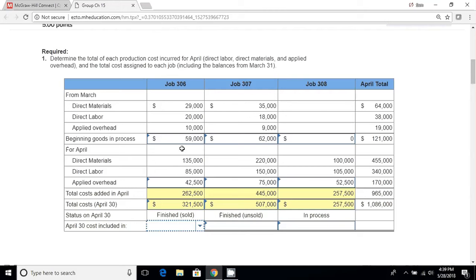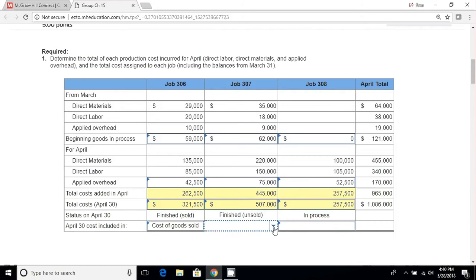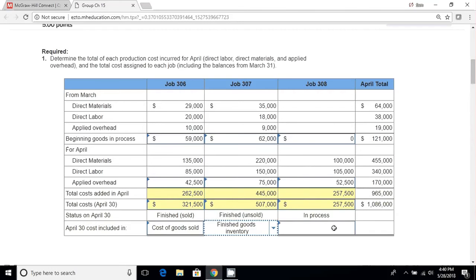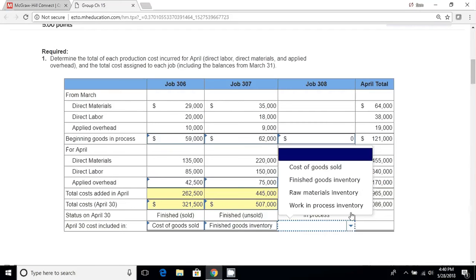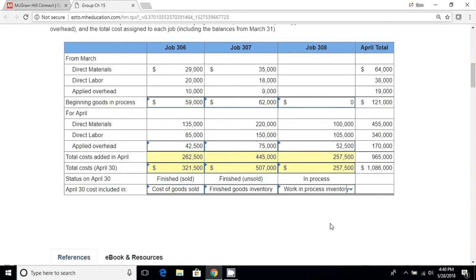But then when it's finished, it goes over to finished goods inventory. And then when it's sold, it goes from finished goods into cost of goods sold. This one is finished and unsold. And if you followed that cost flow, that means it's in finished goods inventory. And if this one is in process, then we are talking about work in process inventory.